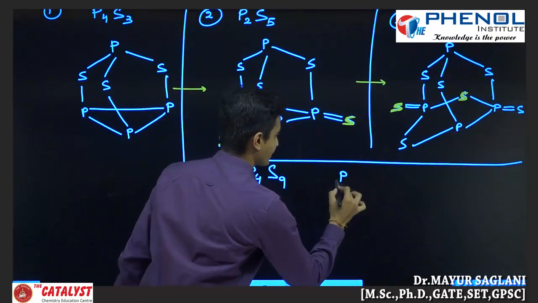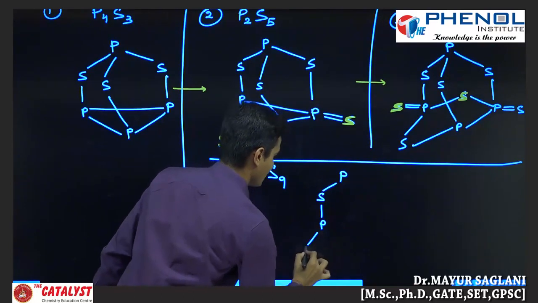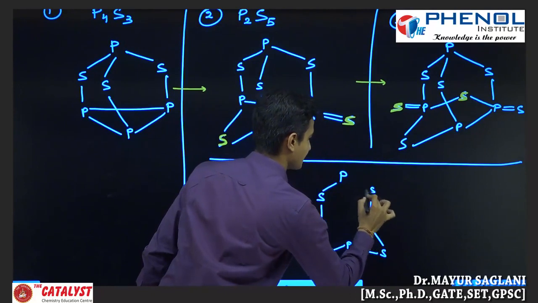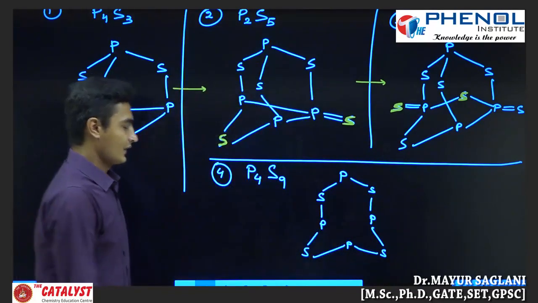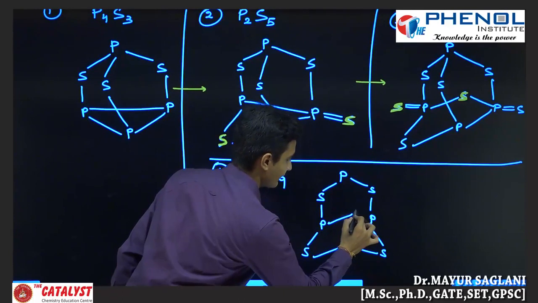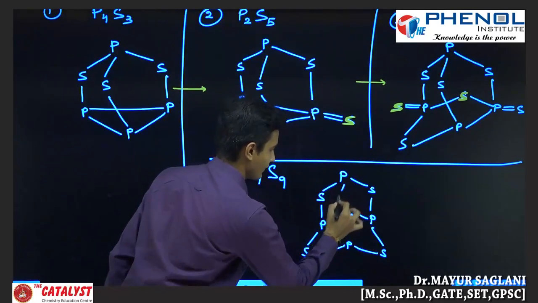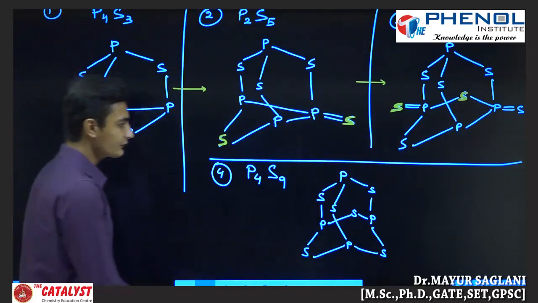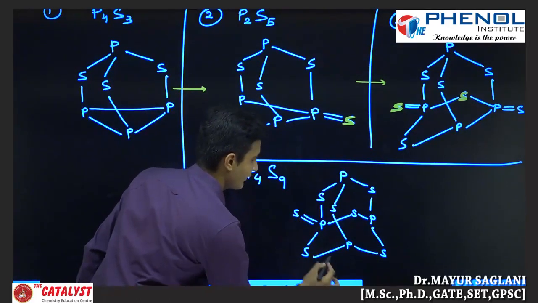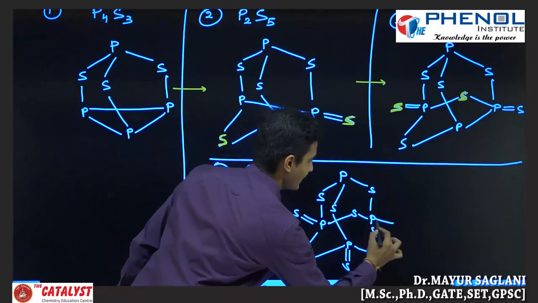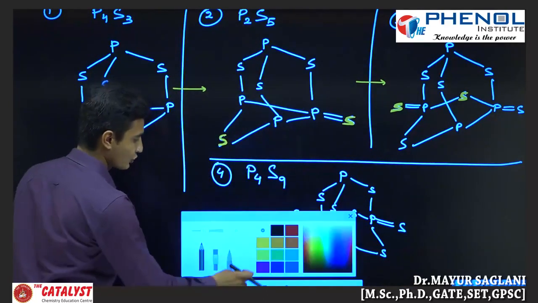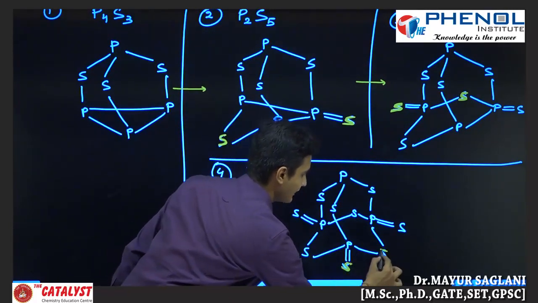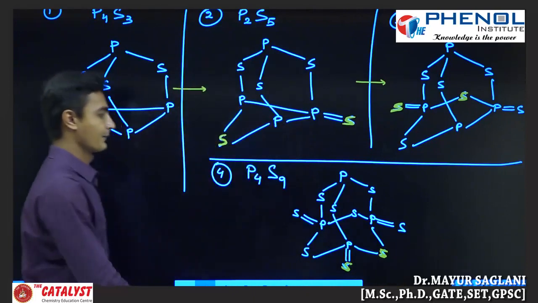So if you draw this structure P, S, P, S, P, S, P, S and P. There will be two bridge phosphorus, S, P and S, P. Is it or not? Fine. There will be a P double bond S, there will be a P double bond S and there will be a P double bond S. Now which two sulfur atoms are newer? Then this P double bond S is newer and this P double bond S is newer.